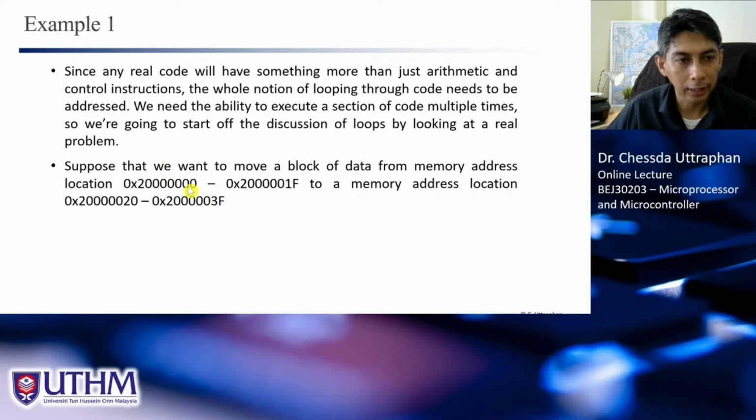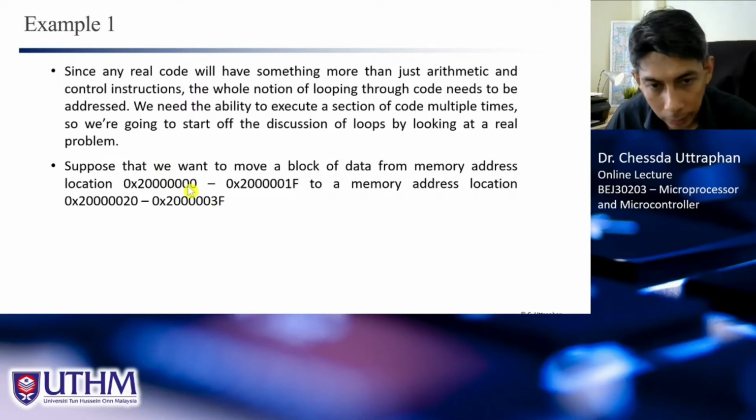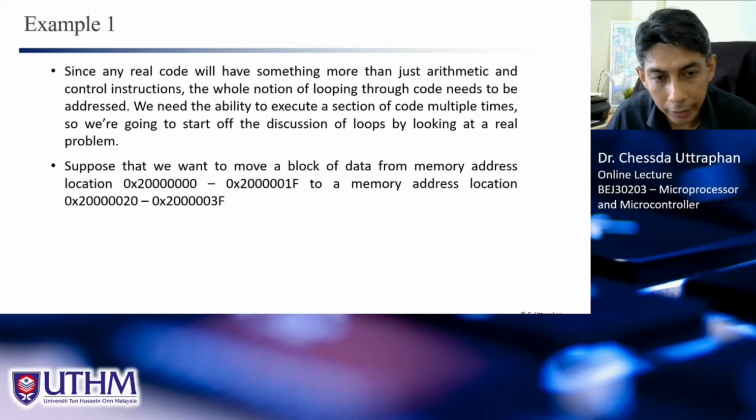So first thing, when we want to write code in any programming language, first thing that you need to do is to plan your program, to plan your code. The planning can be in the form of pseudocode or in the form of flowchart.